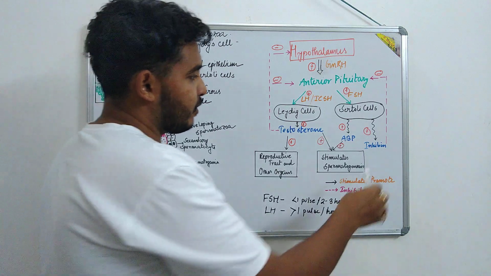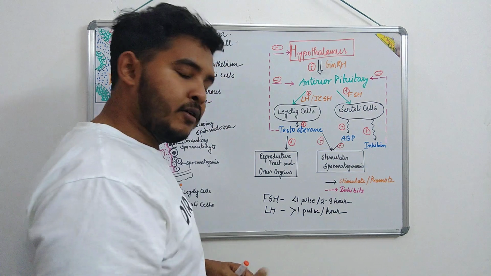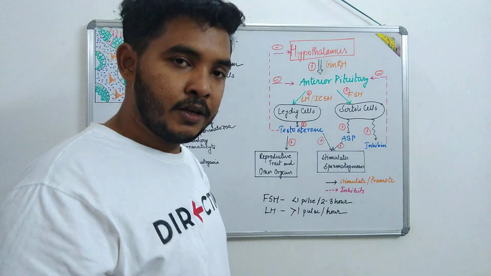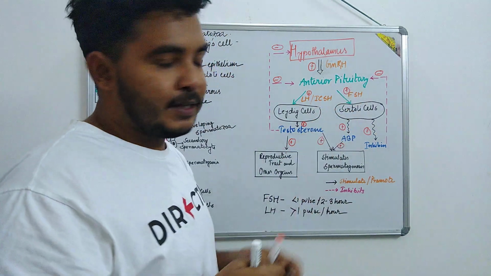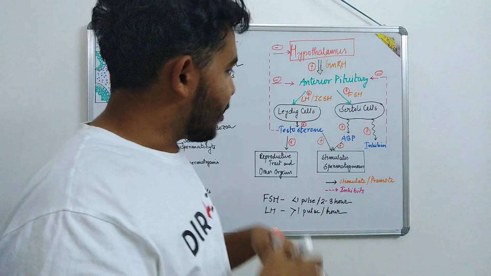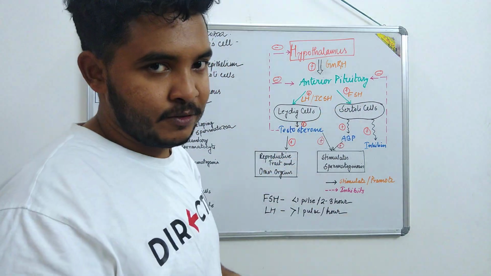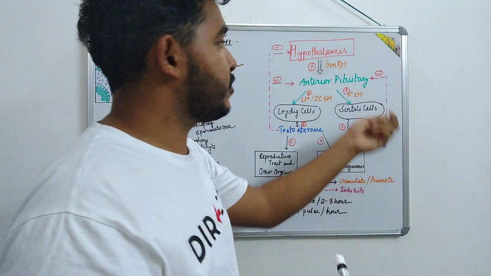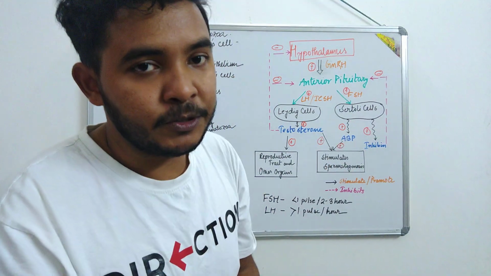So what happens when there is enough inhibin? It tells the anterior pituitary, you just stop getting stimulated by the GnRH. So it will stop the overflow of FSH. Or in simple words, inhibin stops the production of FSH by suppressing the anterior pituitary.